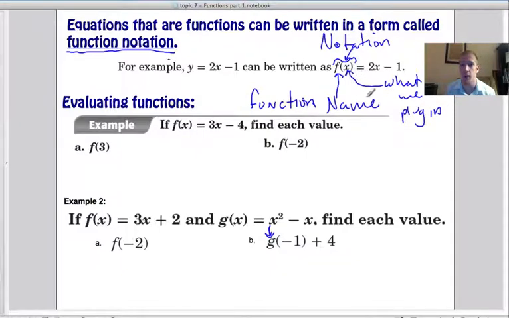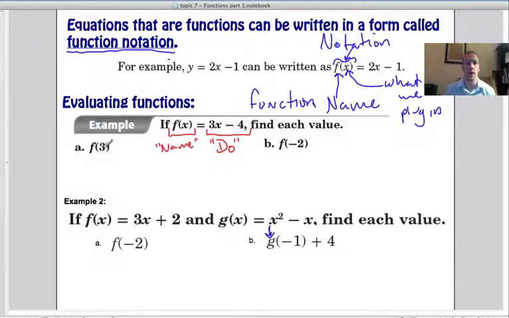Alright, we plug in x. So any number we substitute into this function, we just substitute into the x on this side. So this is where you do stuff. This is just the notation. So this is where you do stuff, and this is just its name. Alright, think of it that way.